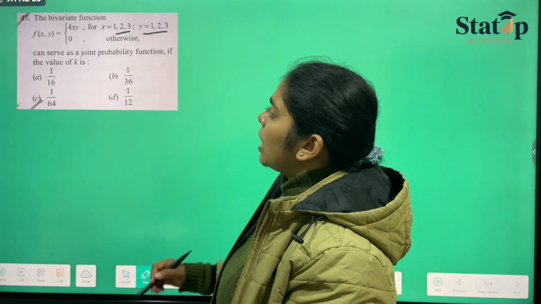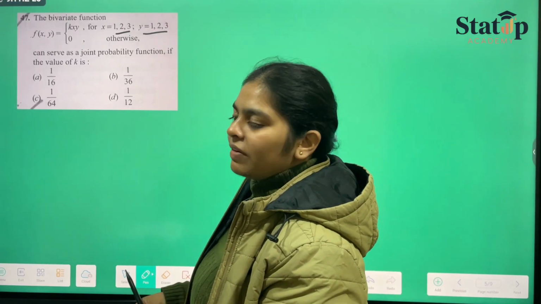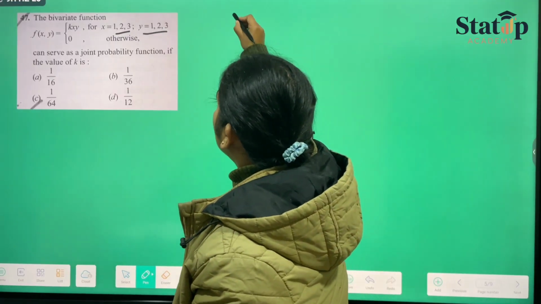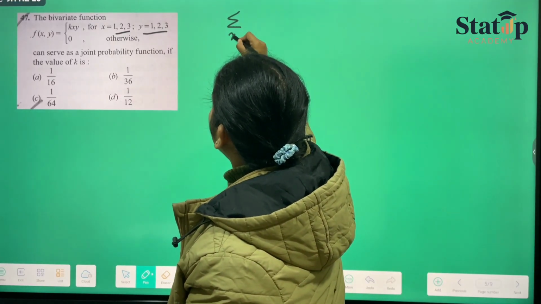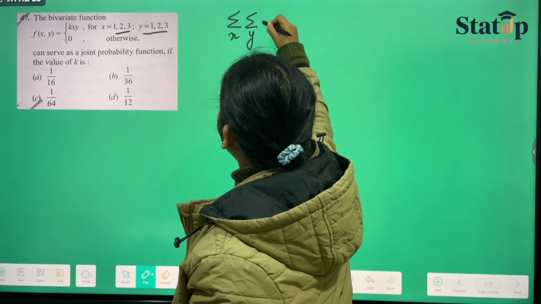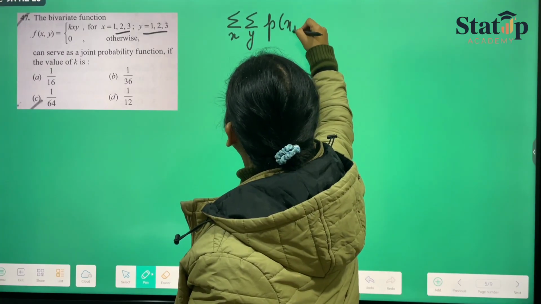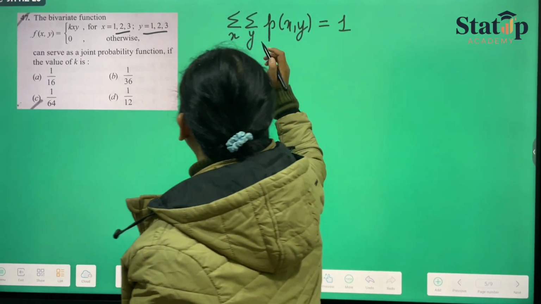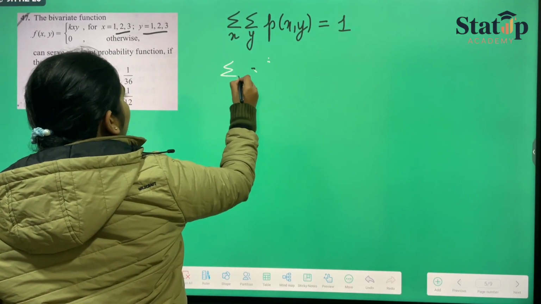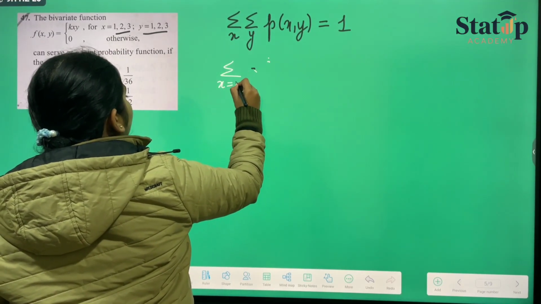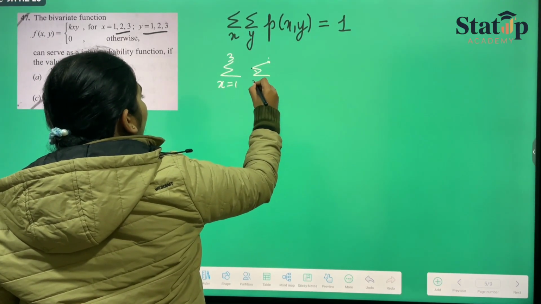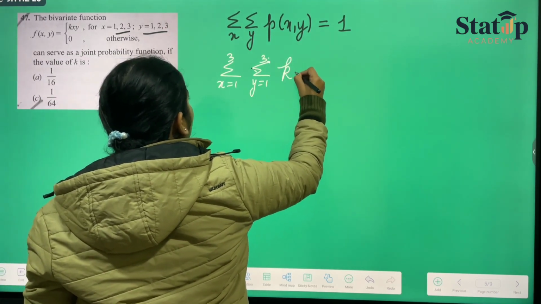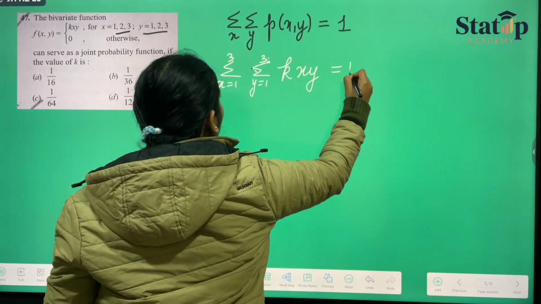They have asked us to find the value of k so that this is a joint probability mass function. Now we all know that the summation over x and summation over y of p x y should be equal to 1. Here x goes from 1 to 3, y goes from 1 to 3, and p x y is k x y, which equals 1.